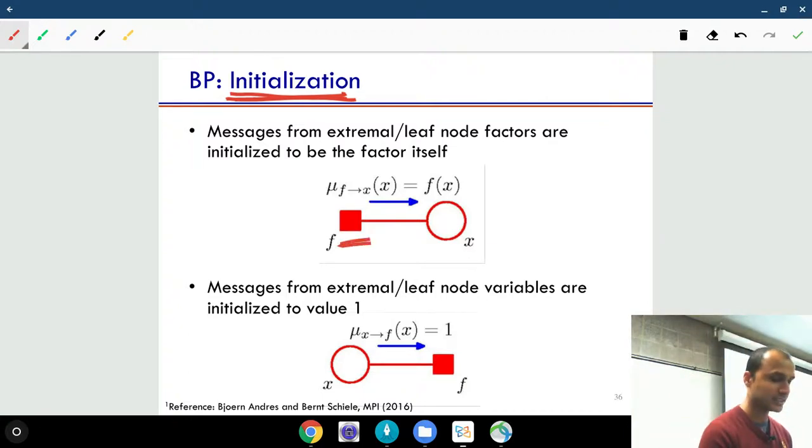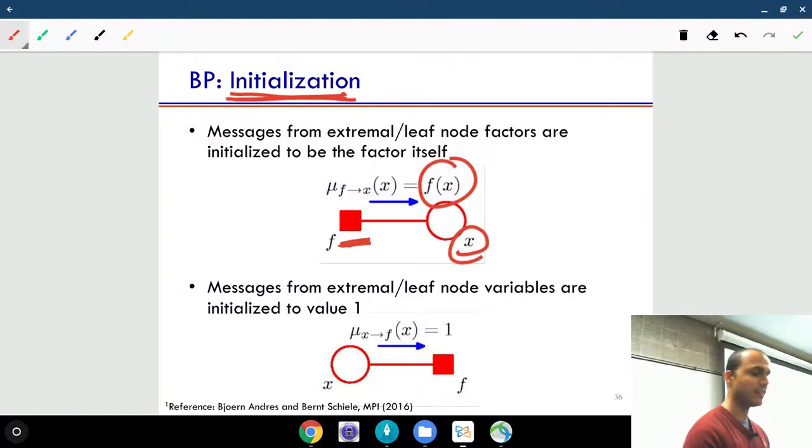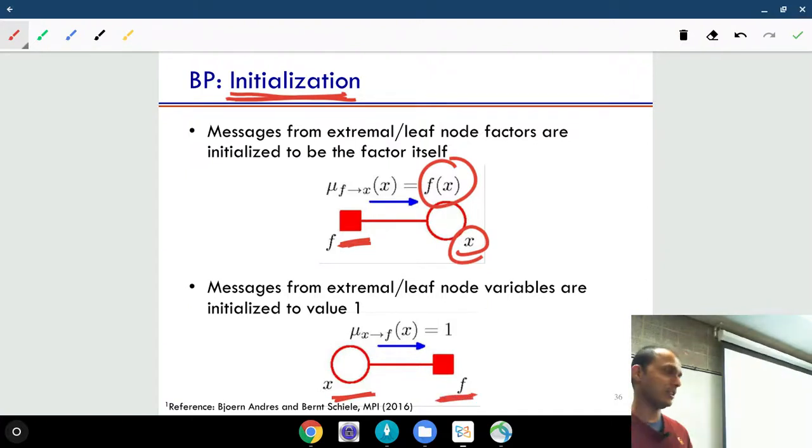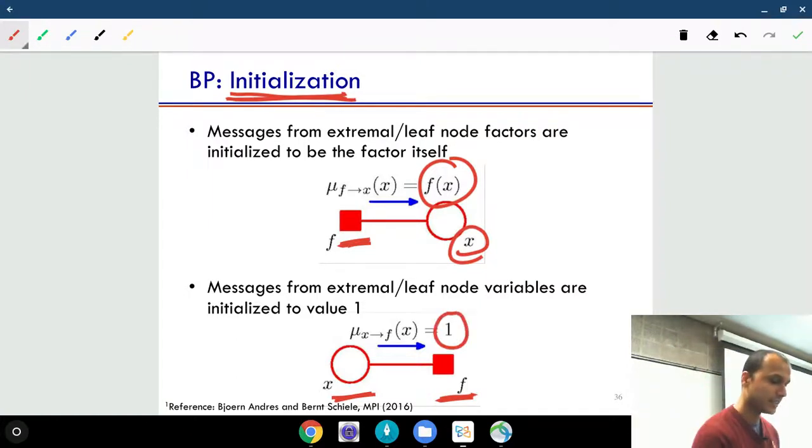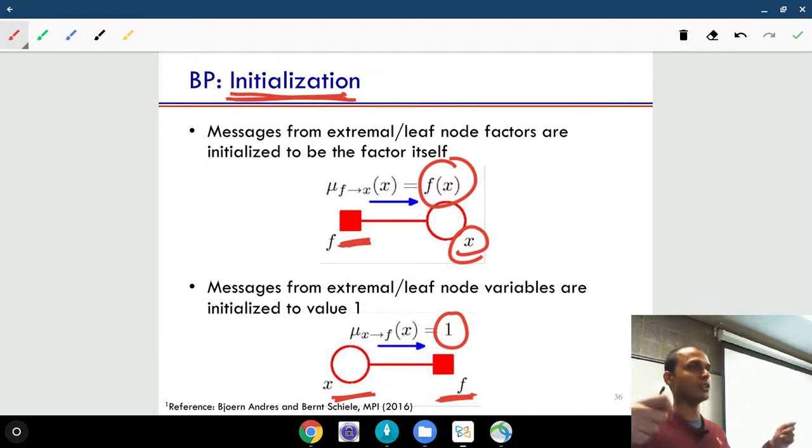If the leaf node is just a factor node, then the message from the factor node to the variable that it's connected to is just going to be the factor function itself. And if the leaf node is a variable and it needs to pass a message to the factor node it's connected to, then the message is just going to be the identity message. So that's how you start, because these nodes don't have anything else that will give a message to them.